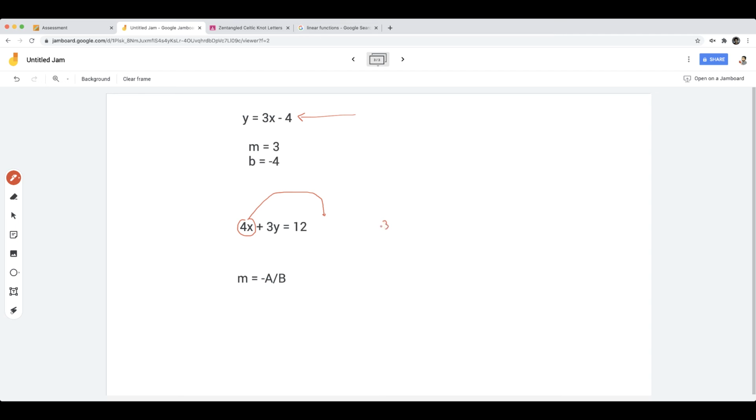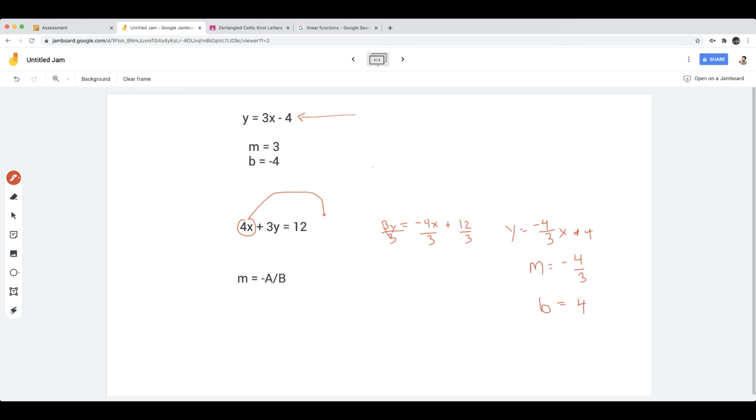So you're going to have 3y equals negative 4x, and then you still got that 12 there, right? And then you would have to divide by 3. So this would cancel out. So y equals negative 4/3 x plus 4. So then I would do what I did before on this other question over here. So the slope would be equal to negative 4/3, and b would be equal to 4.